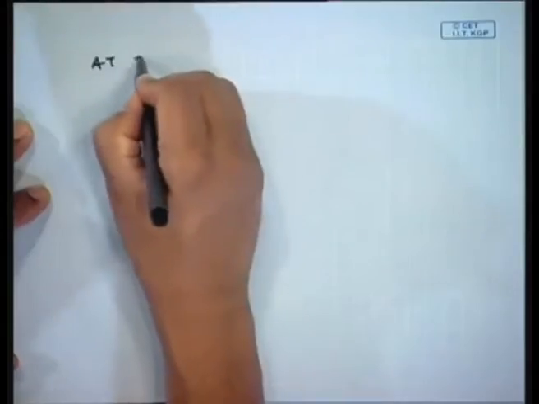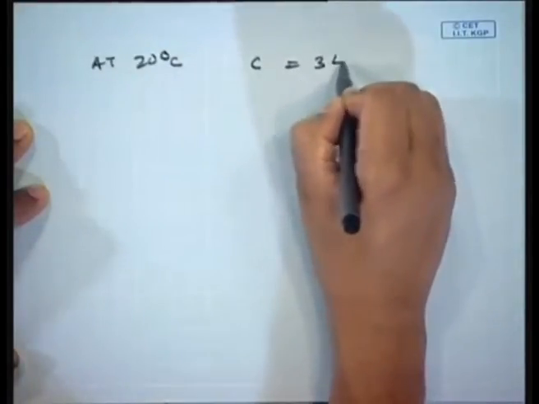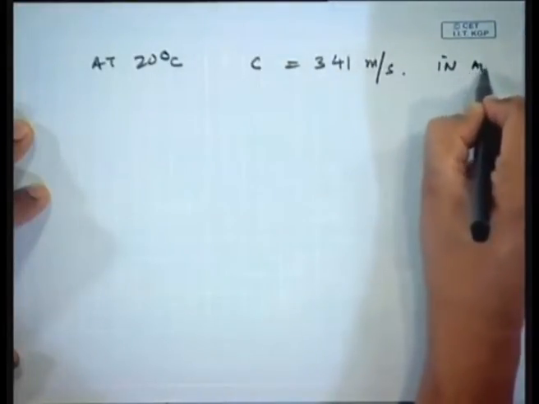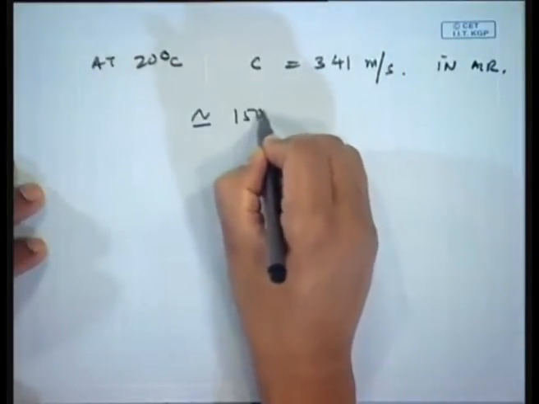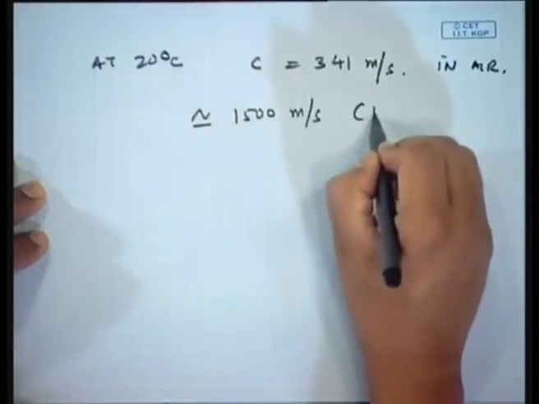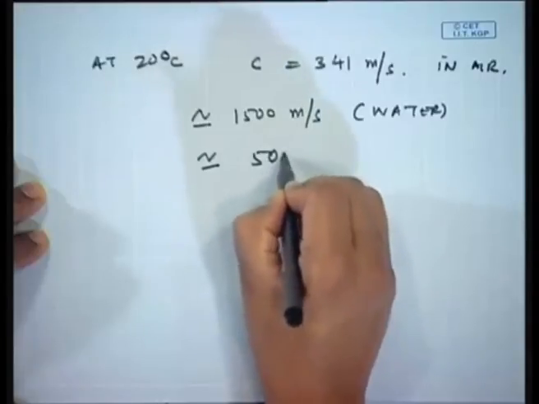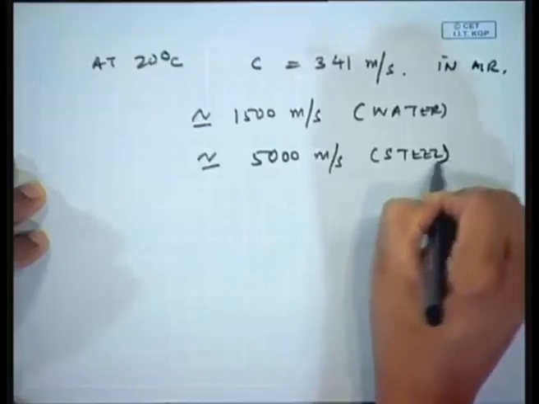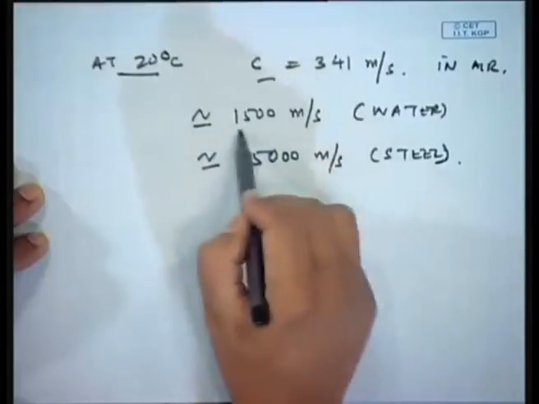In fact, at 20 degrees Celsius, speed of sound is 341 meters per second in air. Okay. The speed of sound in water is about 1500 meters per second. In steel, it is close to about 5000. With density, the speed of sound is also increasing. Okay. Something you have to keep in mind.